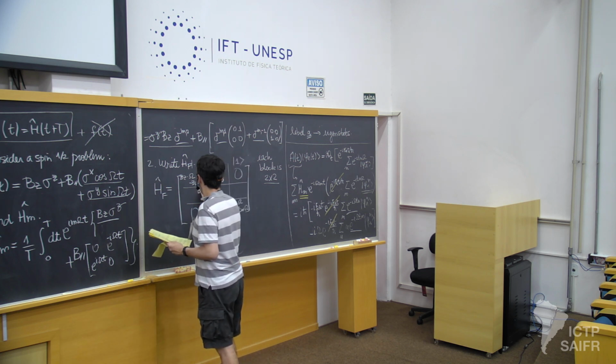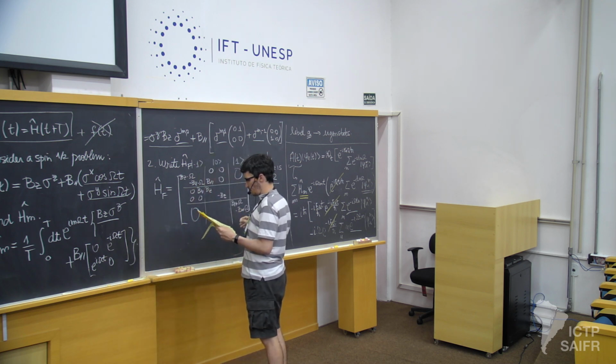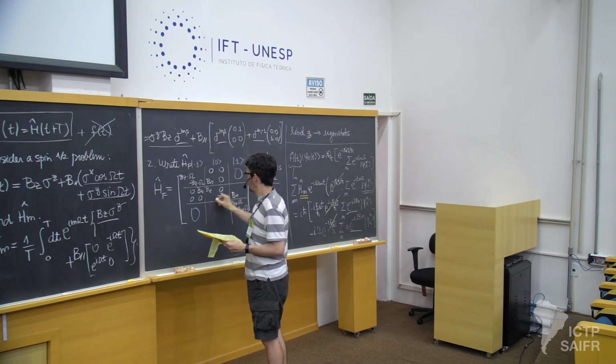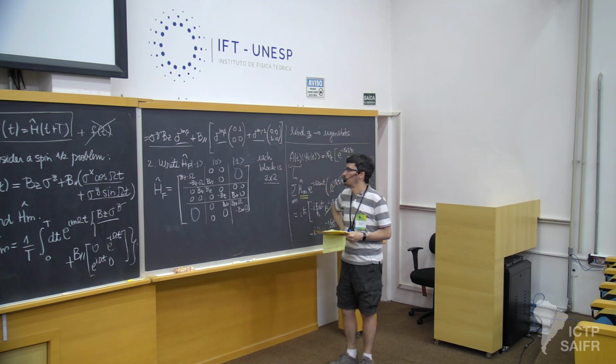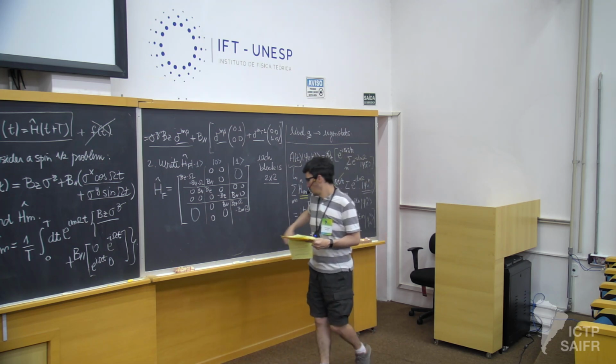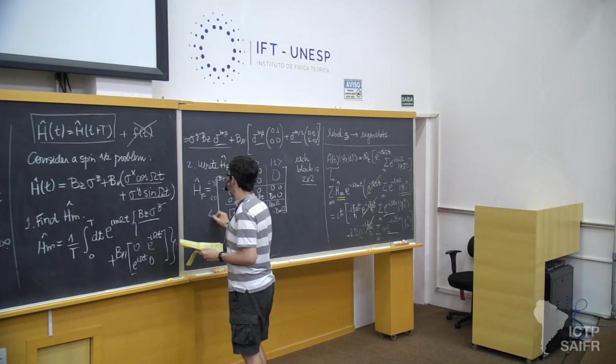B parallel 0, 0, 0. B parallel 0, 0, 0. Okay? All right, this is minus 1, 0, and 1.